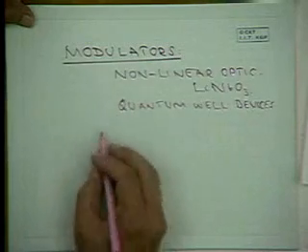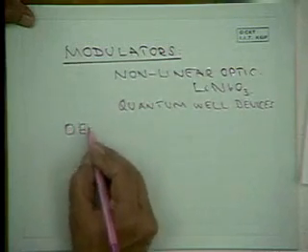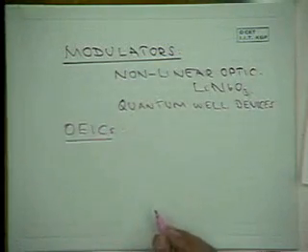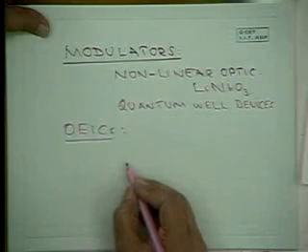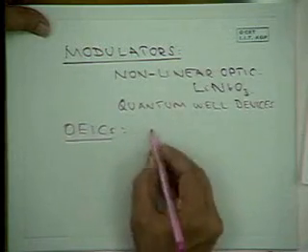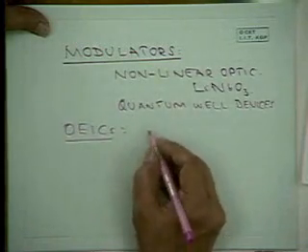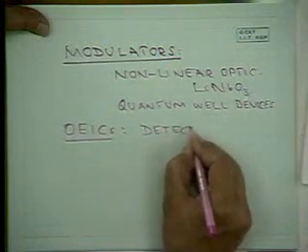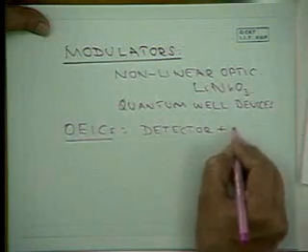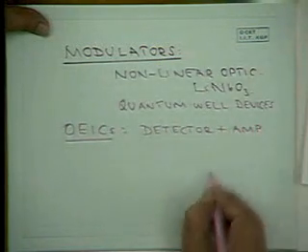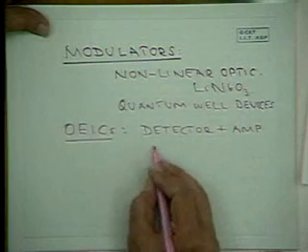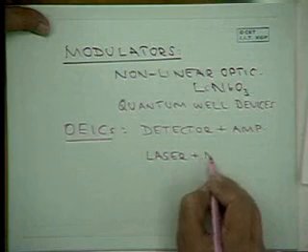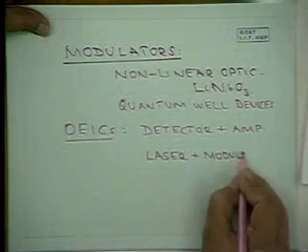All these devices are now being integrated into what are known as optoelectronic integrated circuits. This is a very important and fascinating field in which we can combine things like a detector and an amplifier on the same chip, or we can combine a laser and a modulator on the same chip.